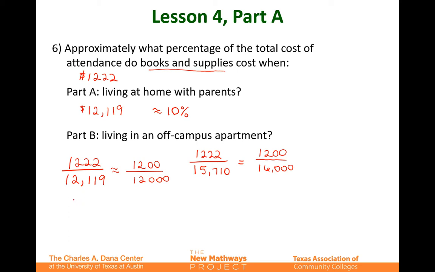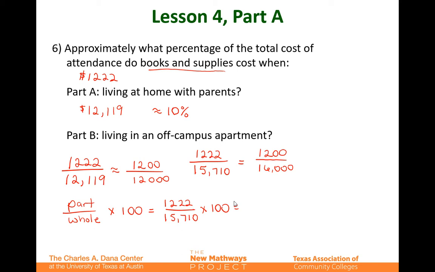If you need to calculate with a calculator, here's how you get percent. You take part over whole, that's going to give you a fraction or a decimal, and then we multiply it by 100 to get it into a percent. So if I do 1,222 divided by 15,710, and then I multiply that by 100, that will change my decimal into a percent.